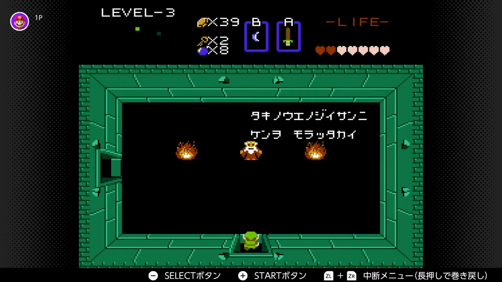Yeah, this old man says to us, Taki no ue no ji-san ni ken o moratta kai. Taki means waterfall. Let's check the accent, but I think it's accented on the last one.